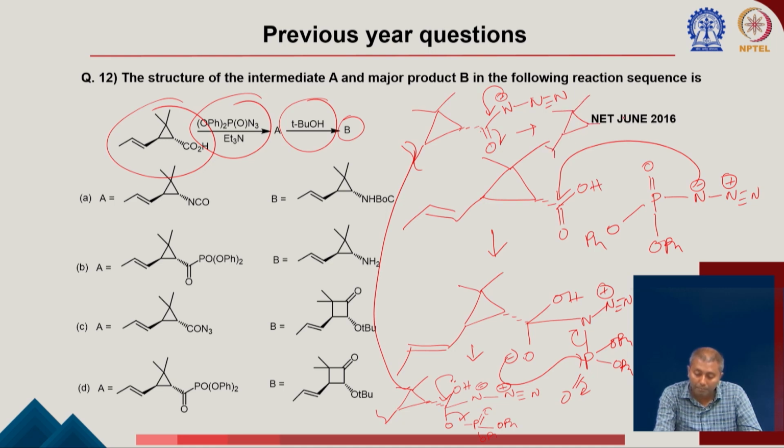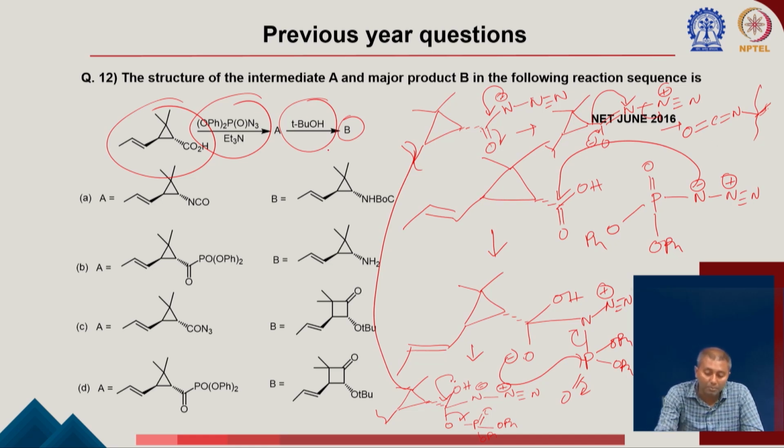Let me write it down: O minus bond N. This is going to come back, this can migrate here, getting rid of N2, and you form the oxygen double bond carbon, double bond nitrogen, and you will have the corresponding cyclopropane. So, let me now draw the cyclopropane.